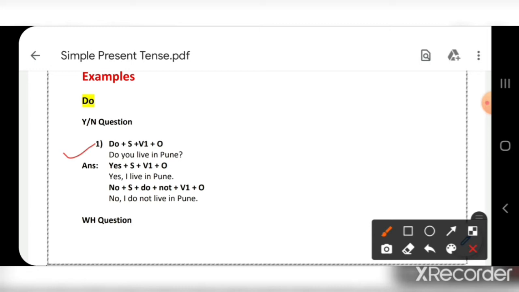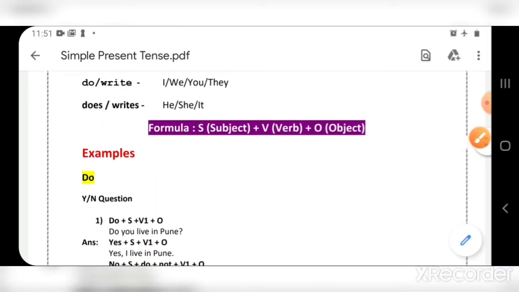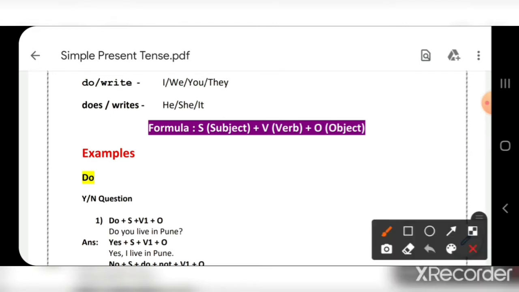Now here it's very easy to make a question, if the subject is from this, it's very important, very easy. I, we, you, they. That means I is first person singular. If you don't know what this I, we, you, they, he, she, it is, then please watch my previous video on subject verb object.